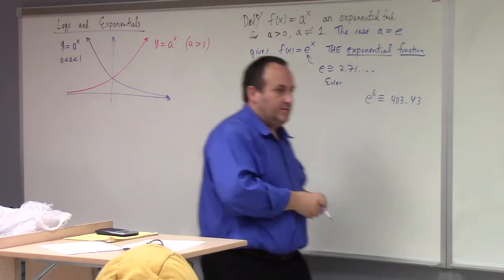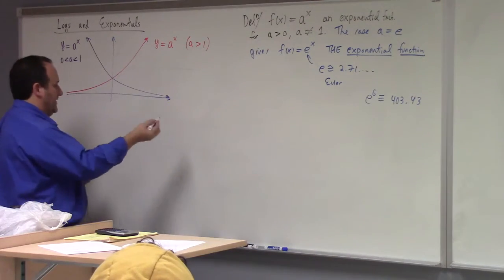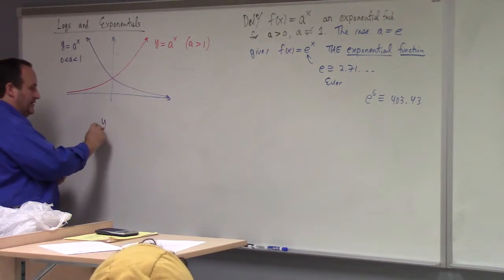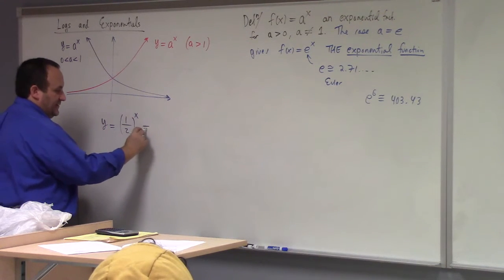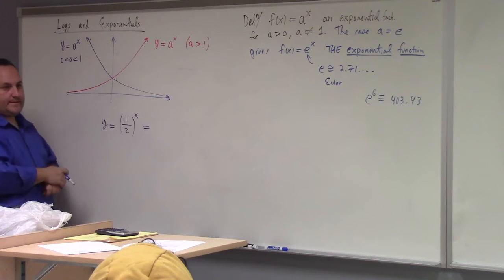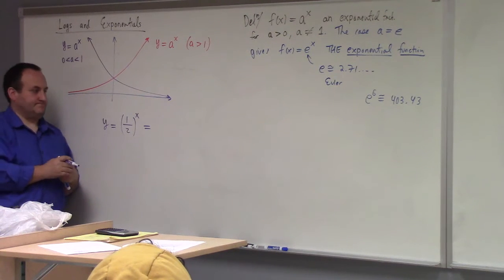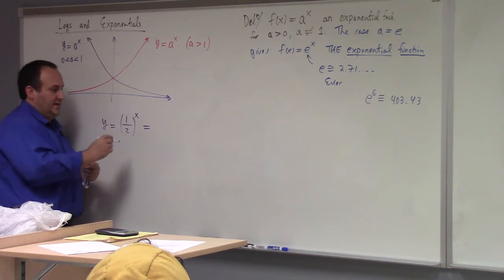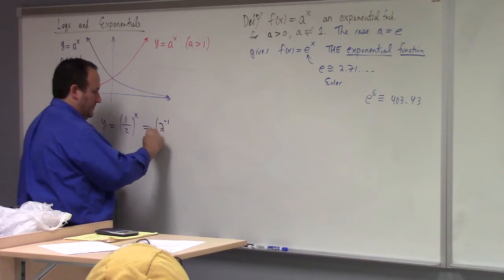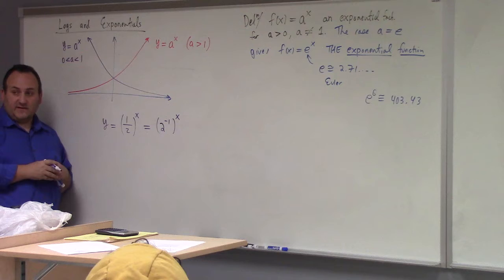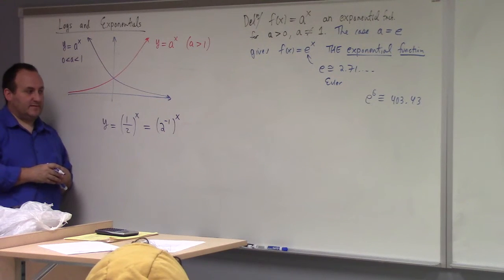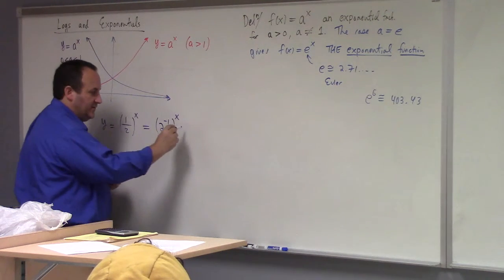Now notice that, for example, y equals 1/2 to the x, we could also write as 2 to the negative 1 to the x. And by one of the laws of exponents, which you may or may not have forgotten, this is 2 to the minus x.